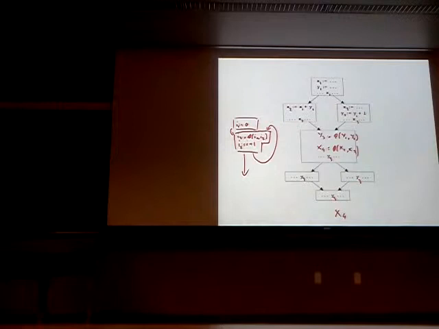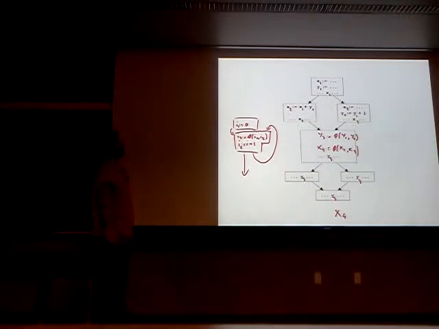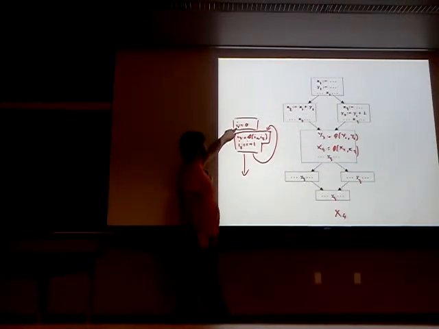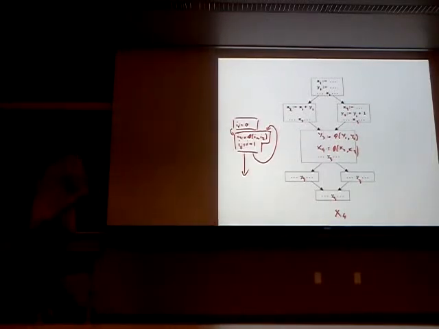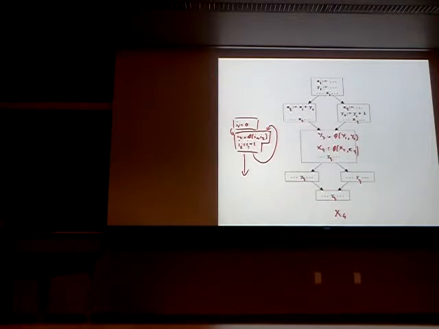So basically, this is i1 equals 0. This phi node chooses between either this value here or the value that came from the bottom, and this now is i3. Okay? So that's how you have loops. Okay, does that make sense?